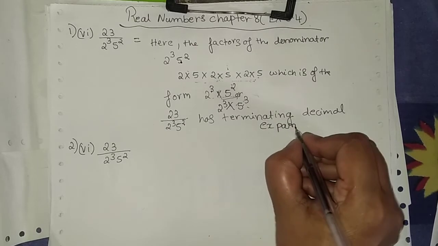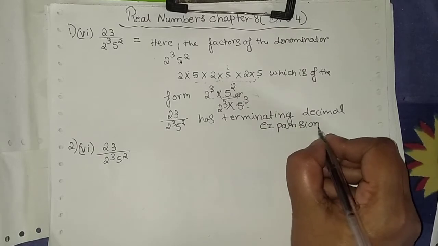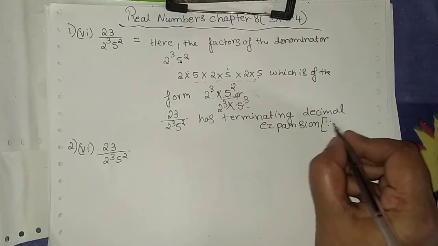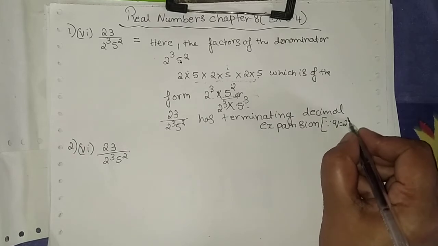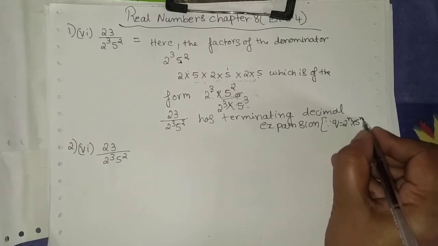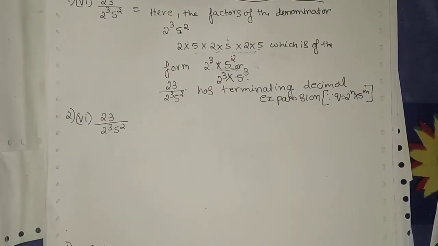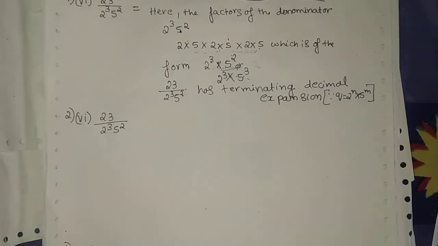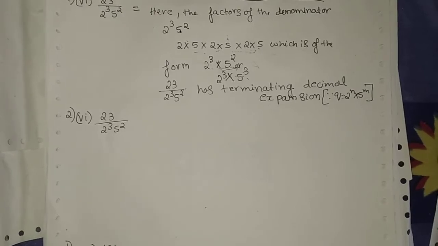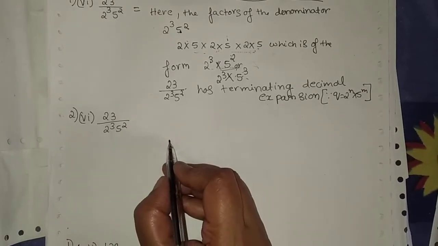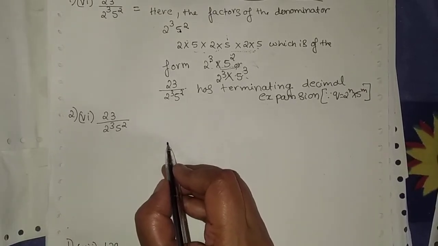Because we can write in the bracket q is equal to 2 power n into 5 power m. So this is the first question. Now we'll solve the same problem in the second method or second question.